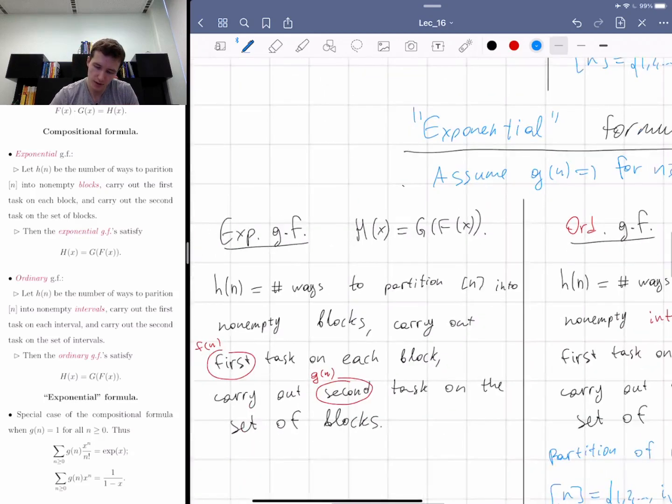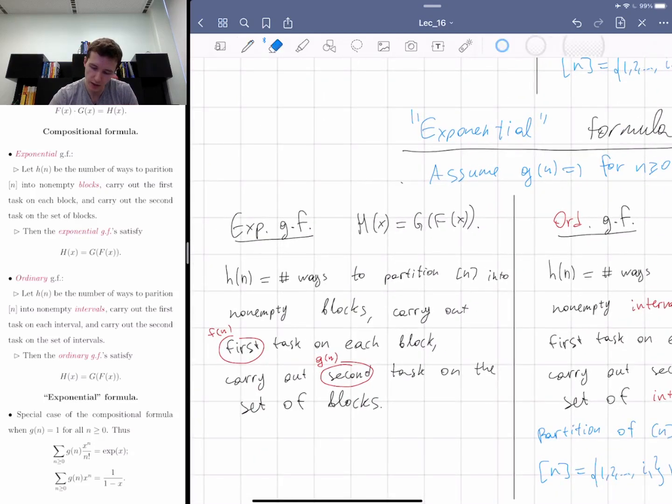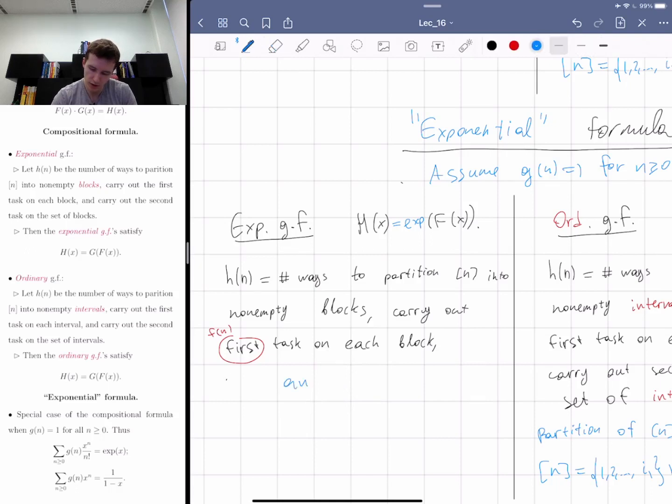So on the left, instead of g of f of x, you're going to have this equal to the exponential of f of x. And h of n is the number of ways to partition bracket n into non-empty blocks, carry out the f of n task on each block, and that's it. So I'm just going to erase. And that's it.